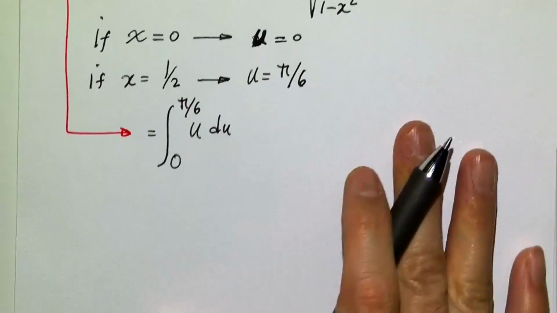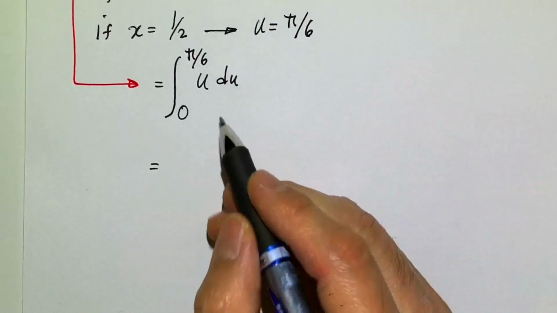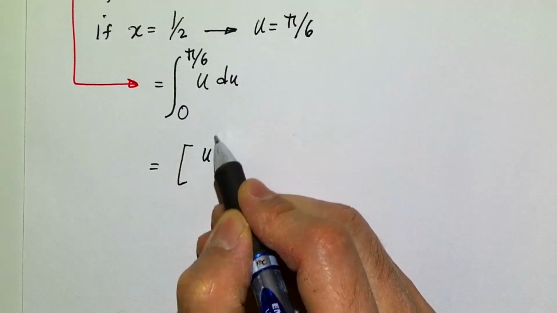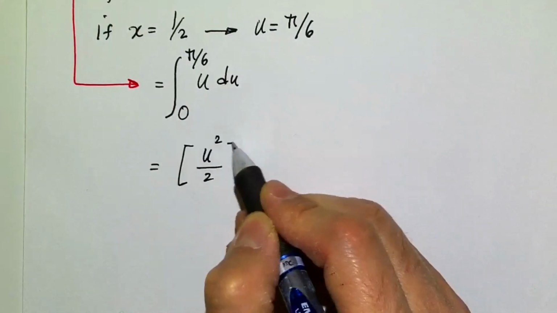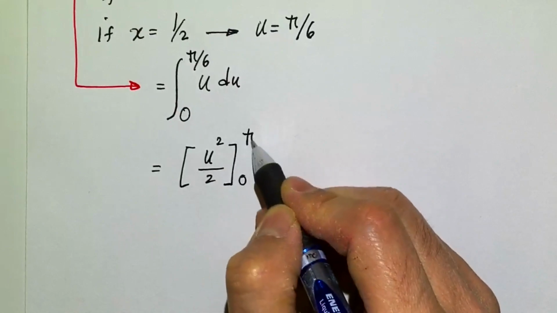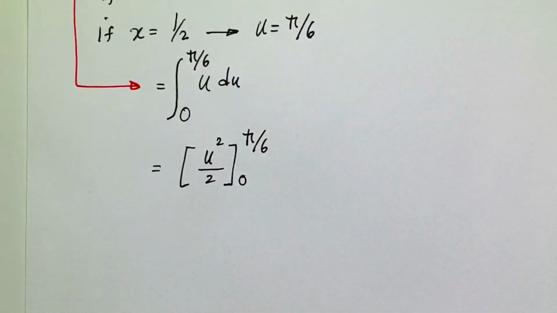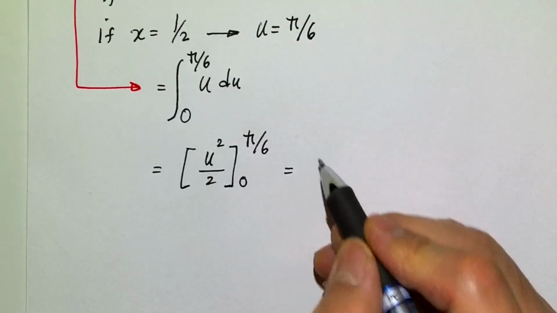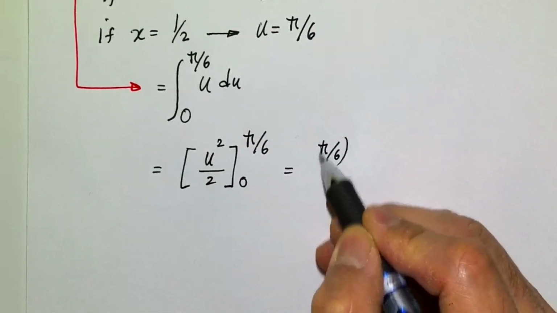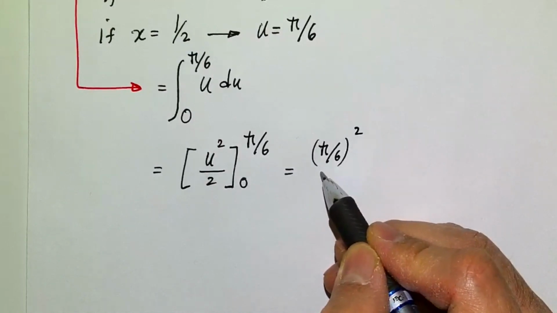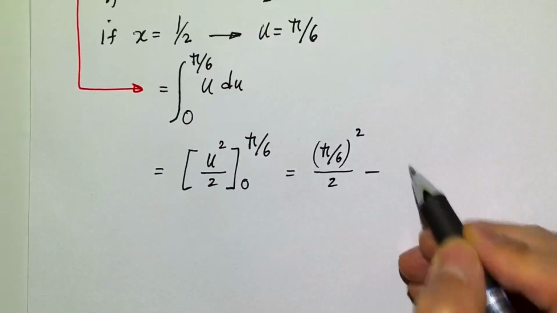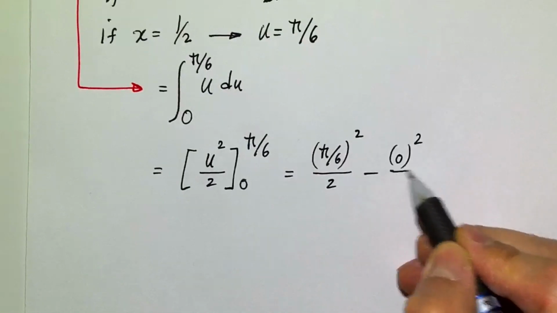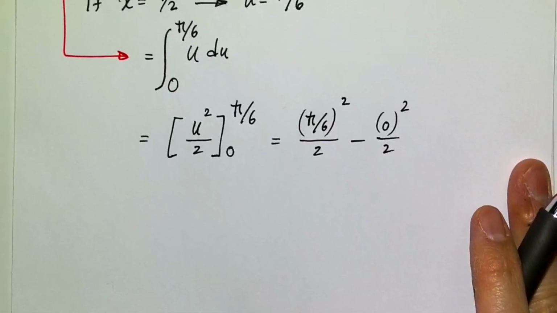Okay, so now let's see what we have. We have u squared over 2 going from 0 to pi over 6. So if you substitute, you get pi over 6 squared over 2 minus 0 squared over 2, right?